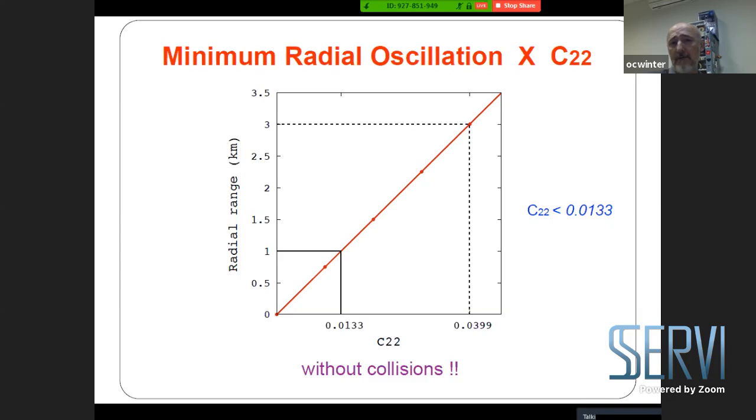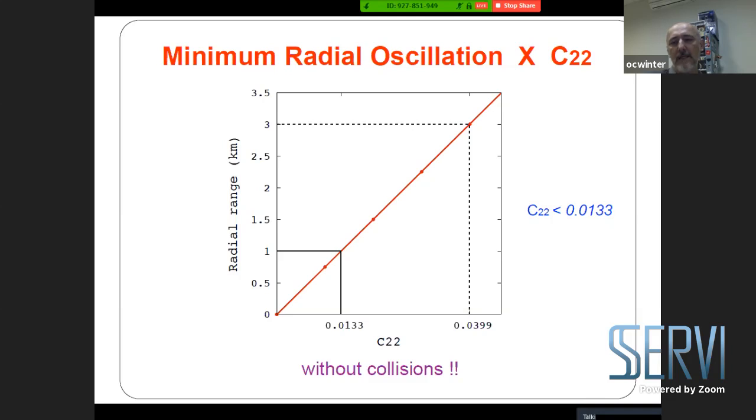So if that ring has a radial range around 1 kilometer, this C22 value has to be at most 0.0133. And if it goes up to 3 kilometers, it's going to be about 3 times this value. And from that we can get some information about the shape of Chariklo.